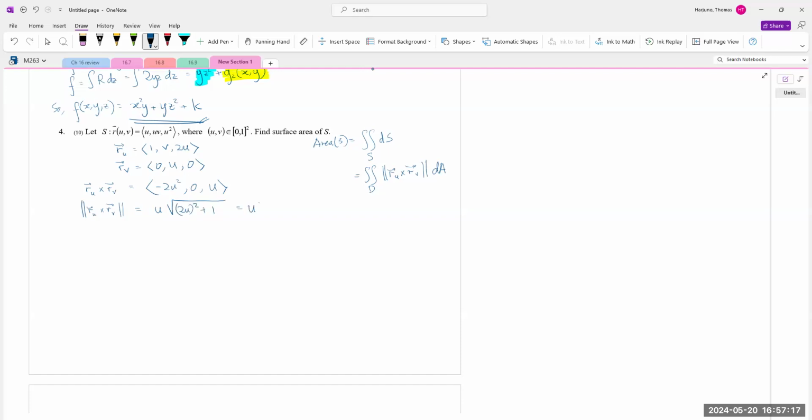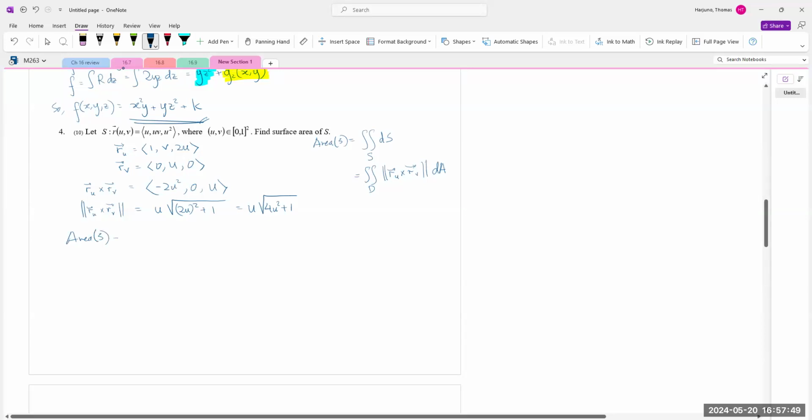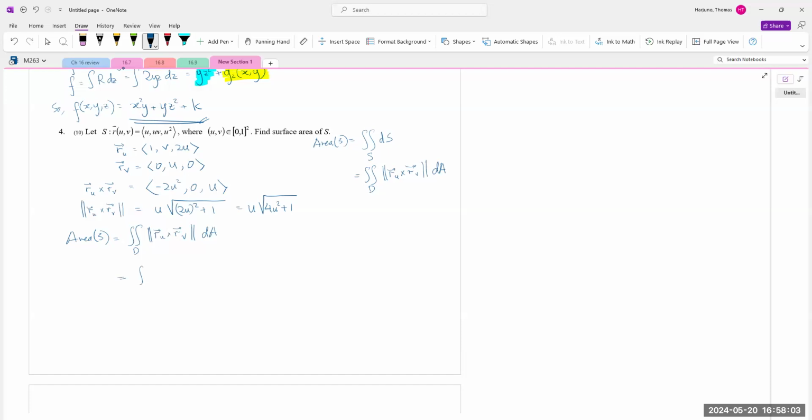So that's u square root of 4u squared plus 1. So the area of that surface S will be the double integral over D of the magnitude of r_u cross r_v dA, which is the double integral, actually from 0 to 1, 0 to 1, of u square root of 4u squared plus 1 d phi du.